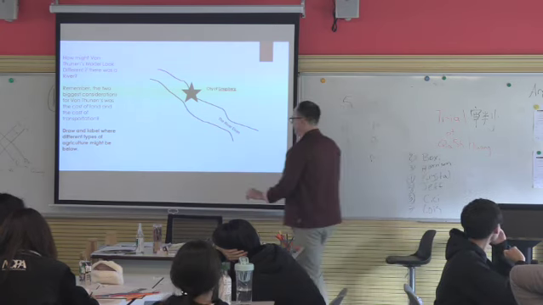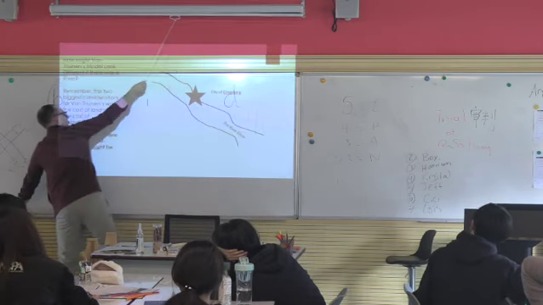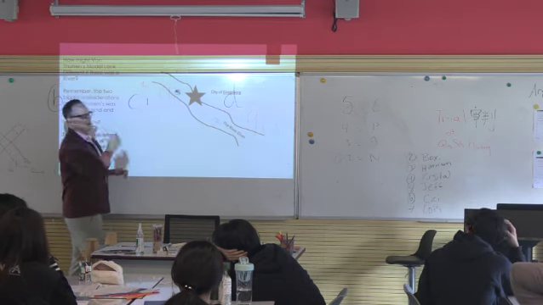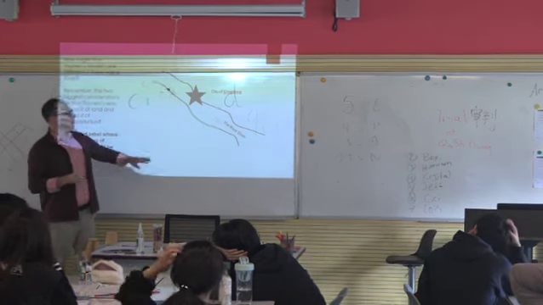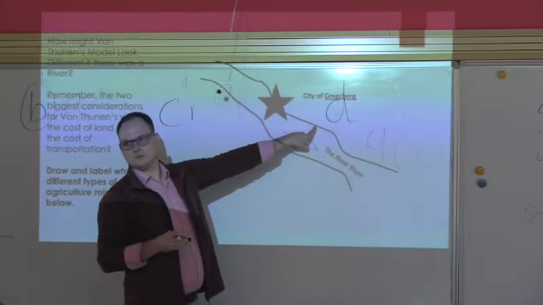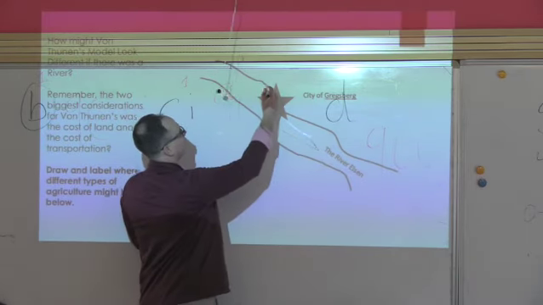Okay, so let's pretend that the river is flowing this way, right? Now, let's say it's still close. Would dairy farms be located down here? No, because the river's going that way, right? So it's still close.